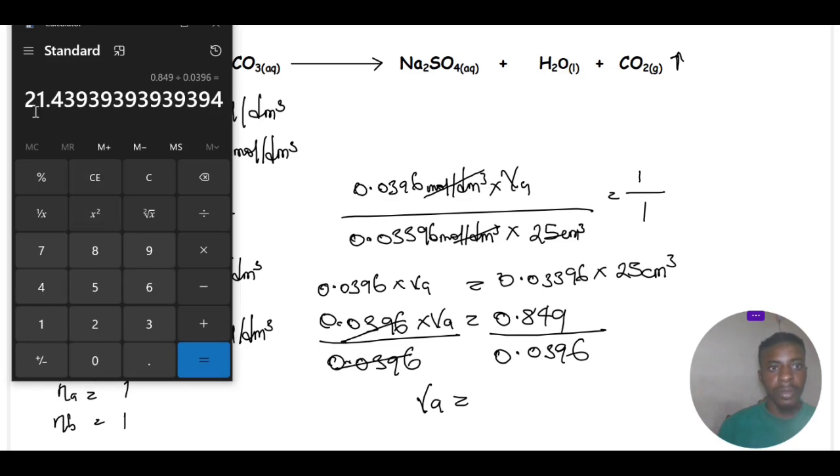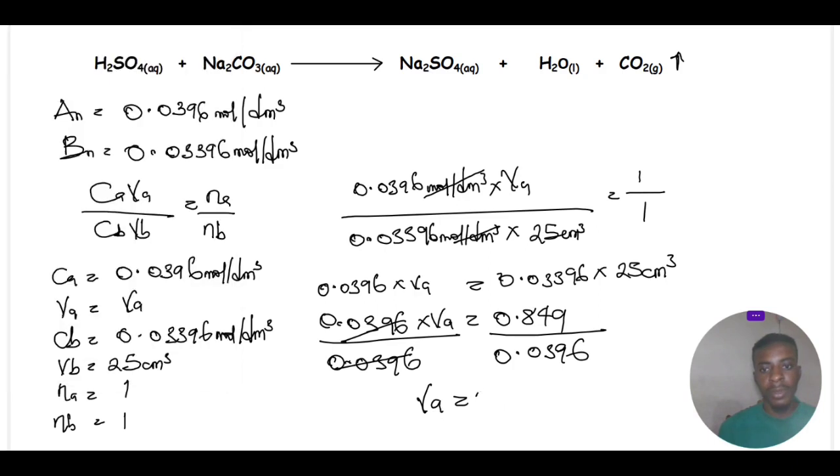So we are having approximately 21.44 cm cube, right? So your average volume of acid used, which is your titre value, should fall within this range.